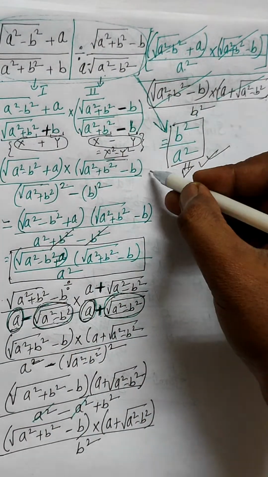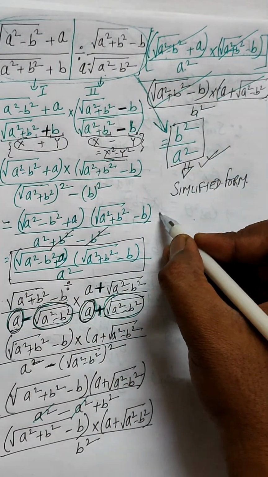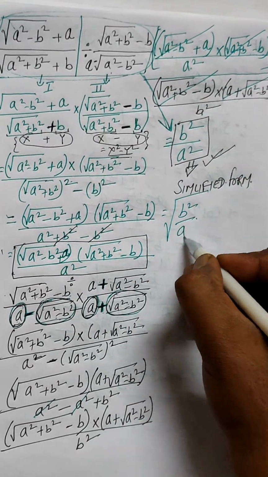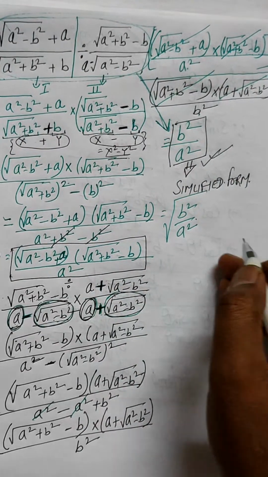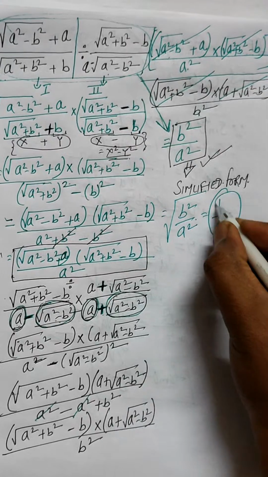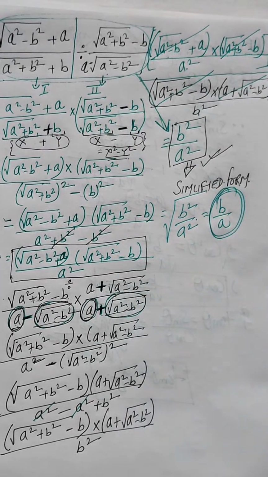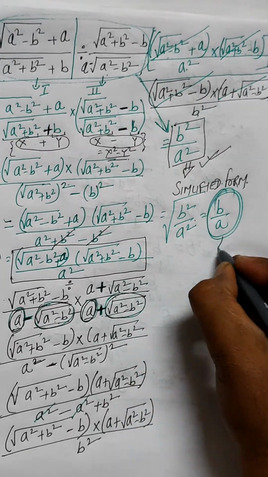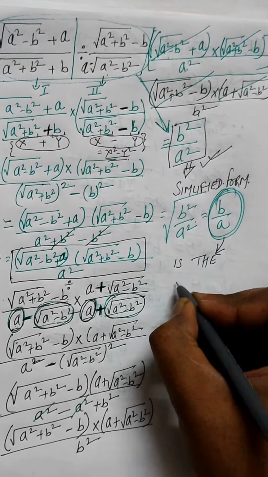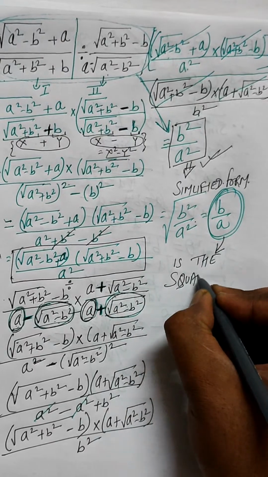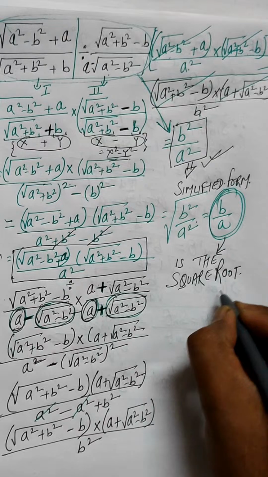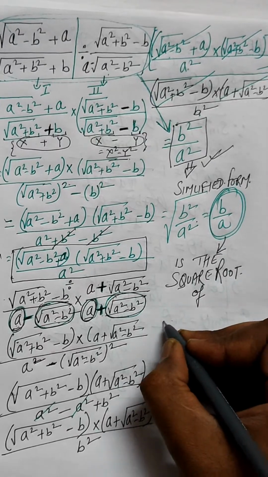Now when you take the square root of b square by a square, this will come as b by a. So b by a is the square root of what?